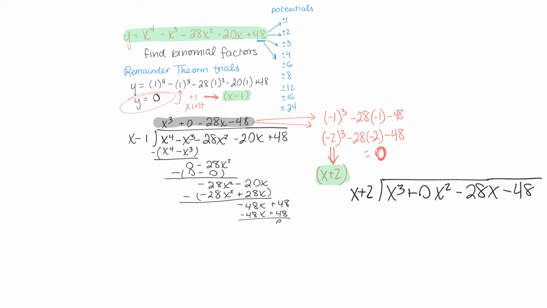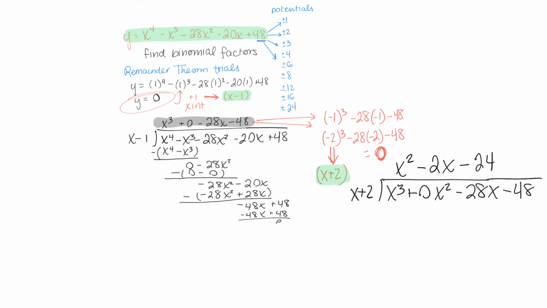Now this time, once you do all that division, you should get down to a quadratic. And if I'm not mistaken, the quadratic you're going to get down to is going to be x squared minus 2x minus 24, I believe.